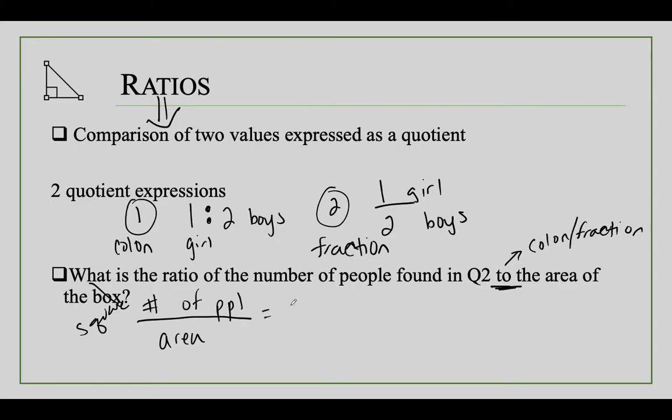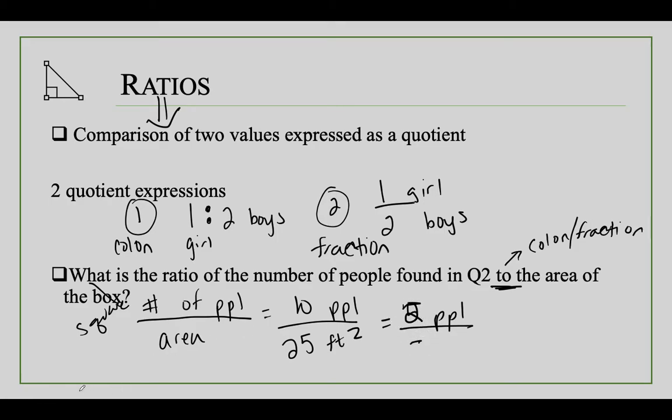So we know that there's 10 people, and I know that the area of the square is 25 feet squared. And naturally, sure, we could reduce this down. Let's say we divided by 5 each, that would be 2 people per every 5 feet squared.